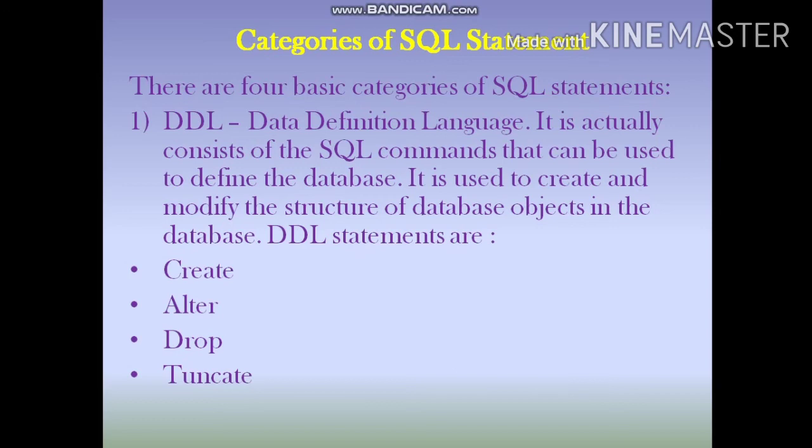DDL statements are create, alter, drop, and truncate. That means with the help of these statements, you can create the data, add the data, delete the data, and modify the data.